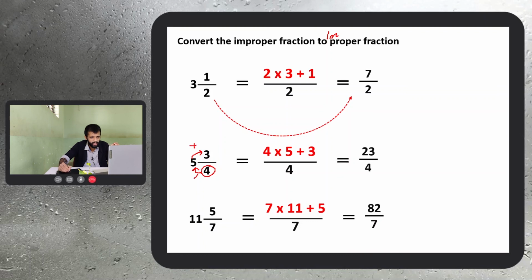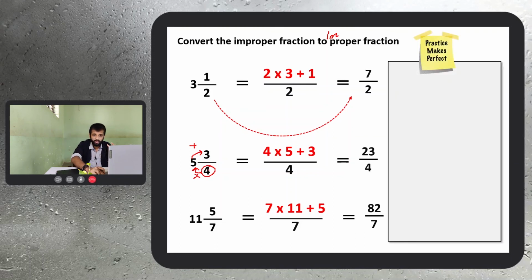That's how we convert a mixed fraction into an improper fraction. Why are all these fractions improper? Because the numerator is greater than the denominator.